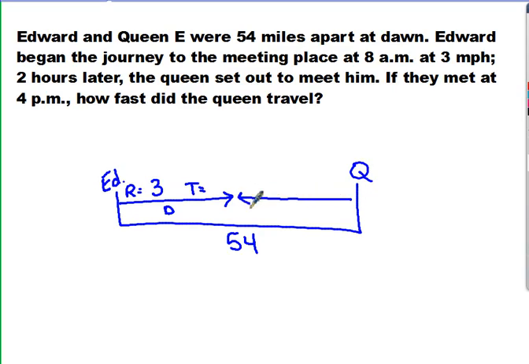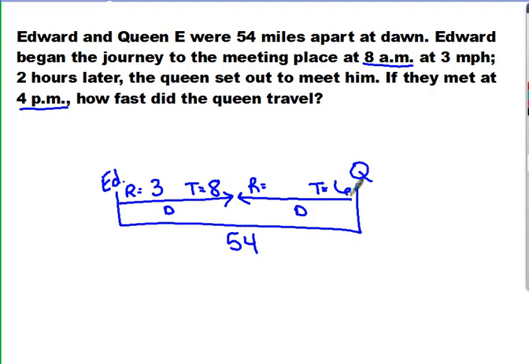Again, the Queen traveled a distance, so she has to have a rate and a time. They met at 4 p.m. Now we can figure out a time. If Edward began the journey at 8 and met at 4, what is Edward's time? It's going to be 8, from 8 to 4. Now, the Queen left 2 hours later, so her time is going to be 6.